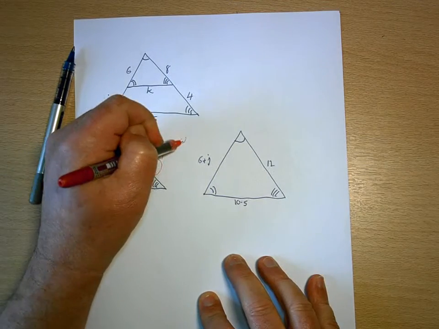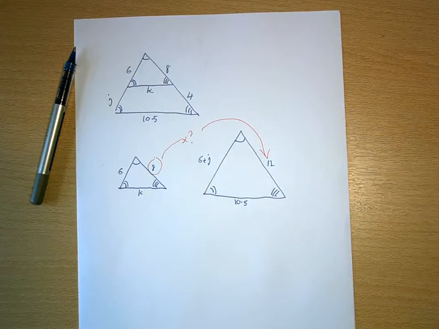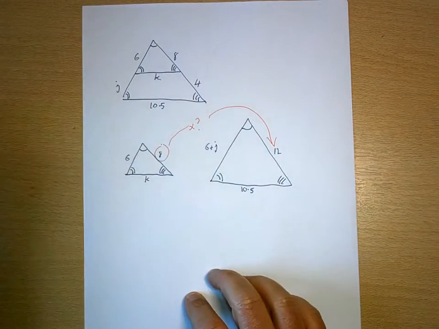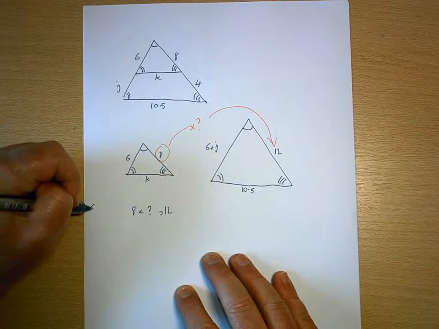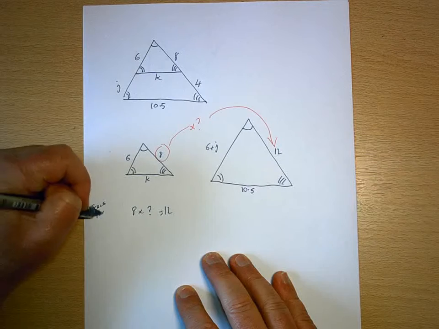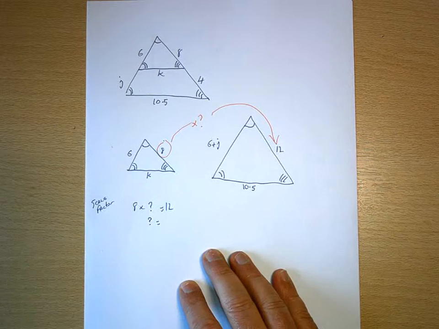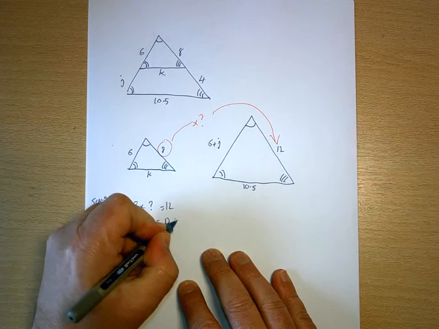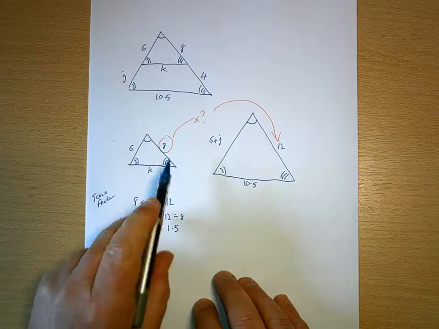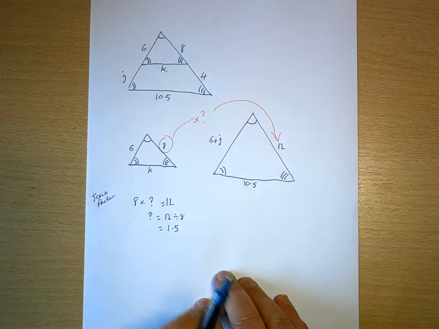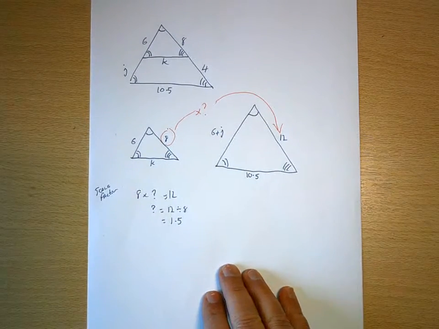So that 8 there, I'm going to times it by something, and it's going to give me 12. So 8 times something equals 12. So this is the scale factor. To work out the something, we're going to do 12 divided by 8, which is 1.5.